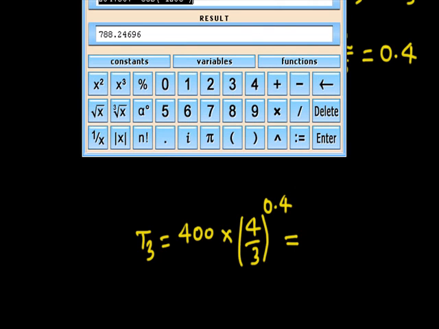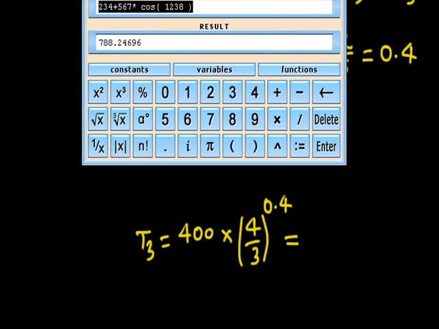I have the calculator. So I have 400 multiplied by 4 divided by 3, and this raised to the power 0.4.